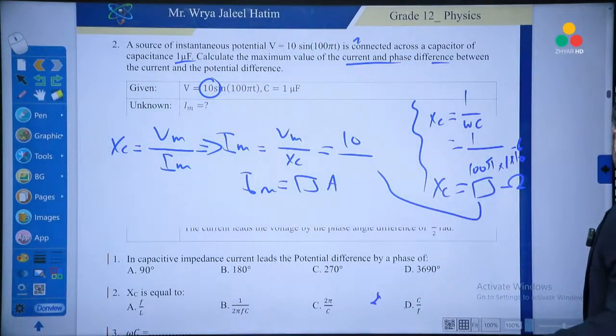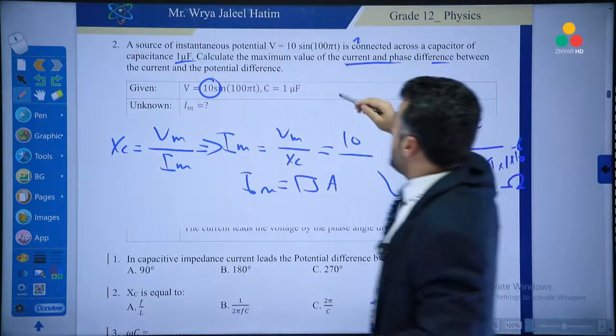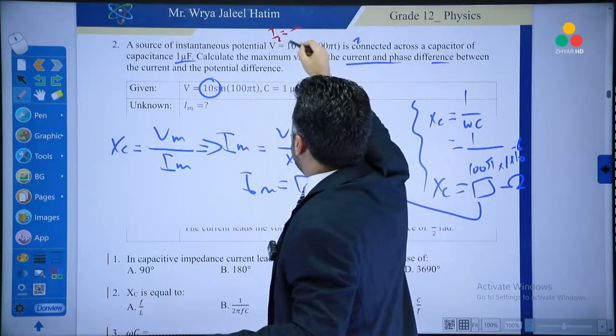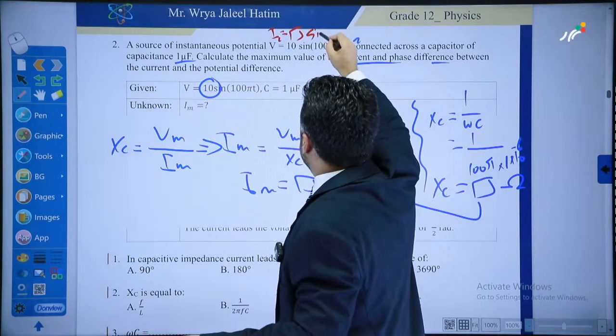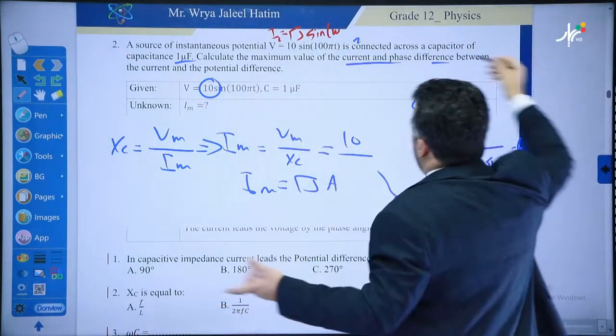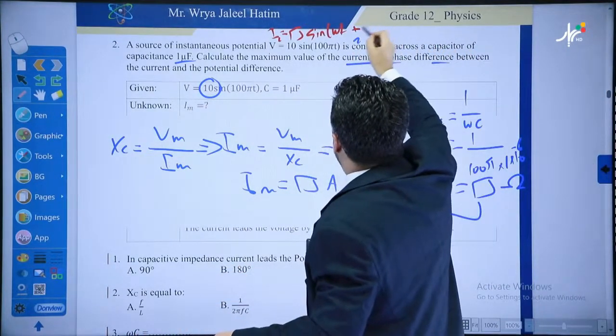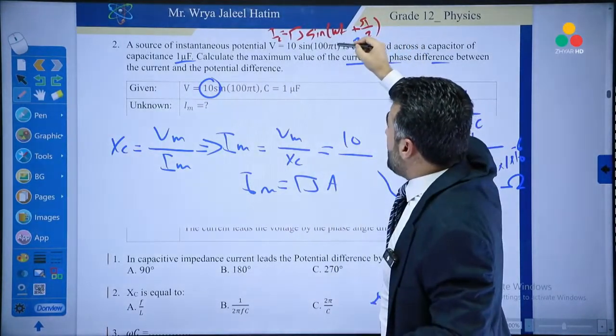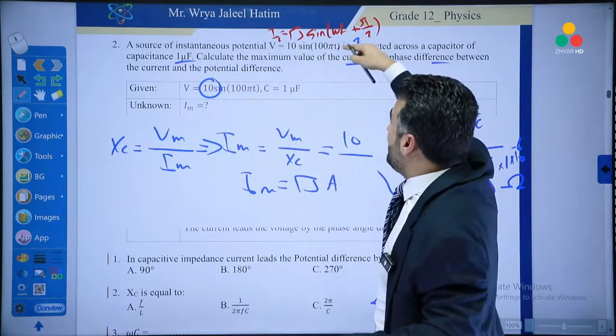These are the instantaneous equations. For current, let's say IC, whatever the maximum value is, it is going to be sine of omega t, then plus pi over 2. Why plus pi over 2? Because it's not mentioned that it is negative or minus.